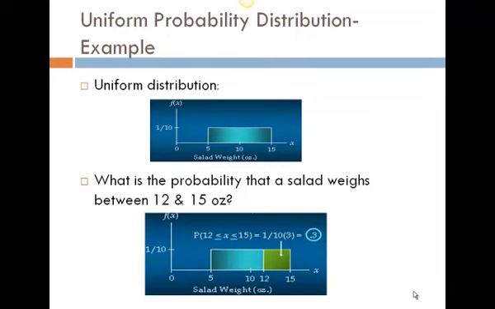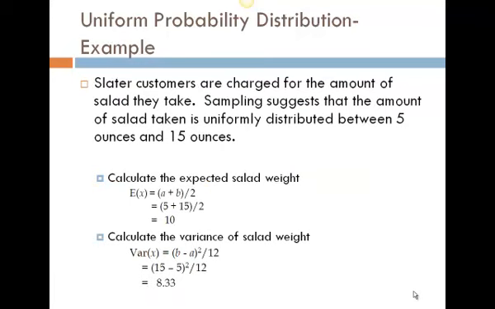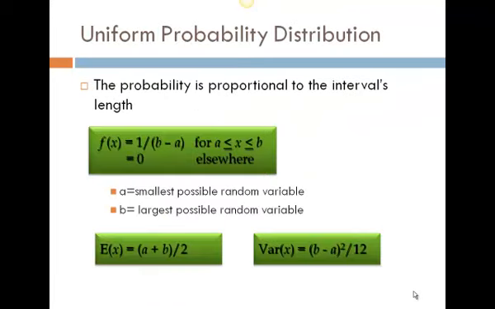So how does this look if we were to draw a picture? Again, for anywhere between 5 and 15 ounces, the probability is equal. Now, what is that probability? The probability is 1/10. How am I getting that? Go back to my initial formula for my probability. f of x is my probability of obtaining x, the value that I'm looking for.